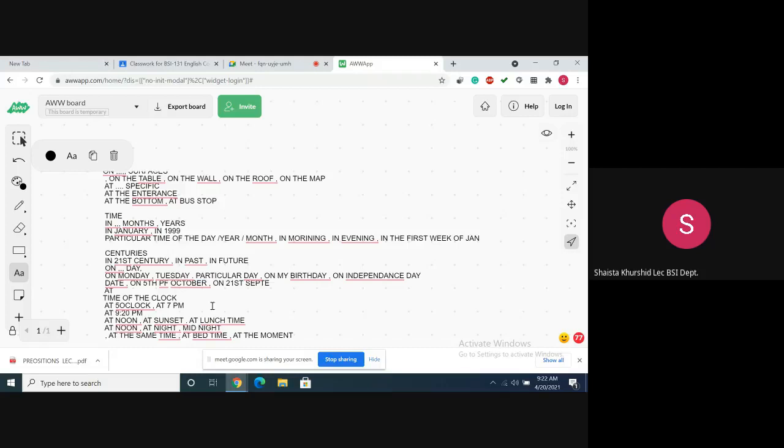So there are differences in their use. At is used for specific timings and specific places and short and precise things. In is used for permanency, for places where there is a boundary, and for so many timings as well.